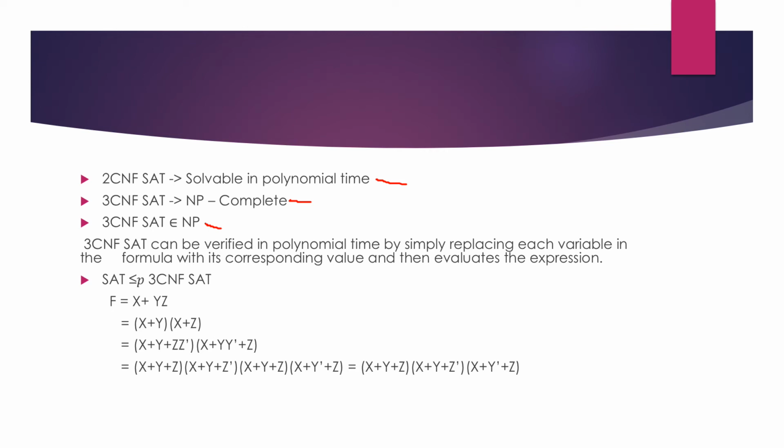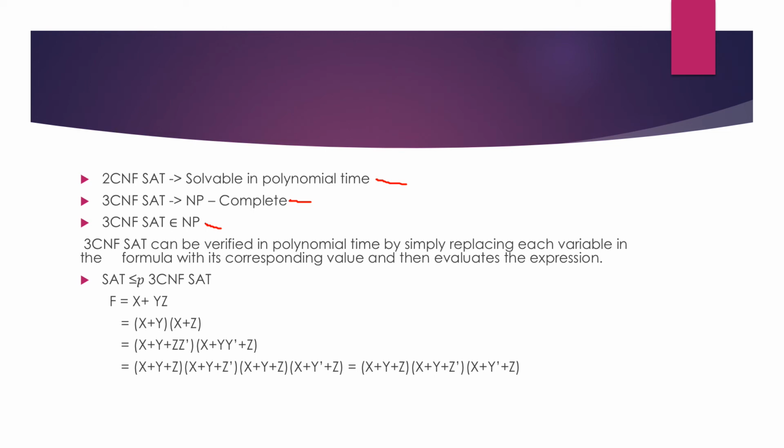Now we already know that the satisfiability problem is an NP complete problem. So if we are able to reduce the satisfiability problem to the 3CNF SAT problem, then we can also state that 3CNF SAT is an NP hard problem. And since it is both NP and NP hard, hence it is an NP complete problem.